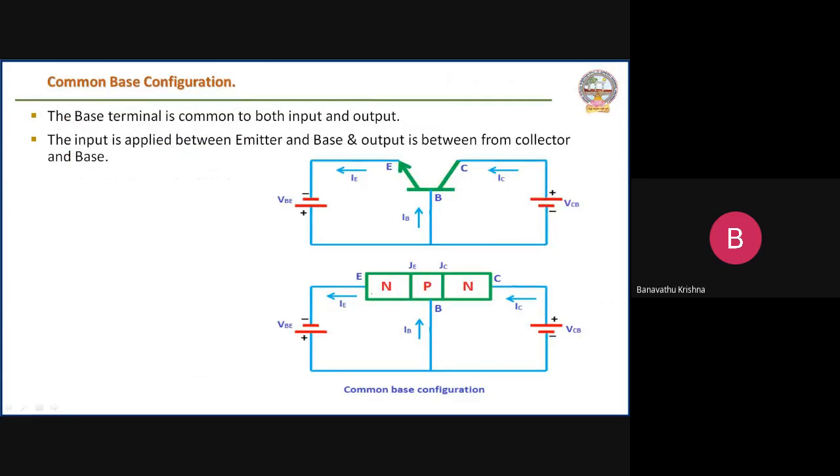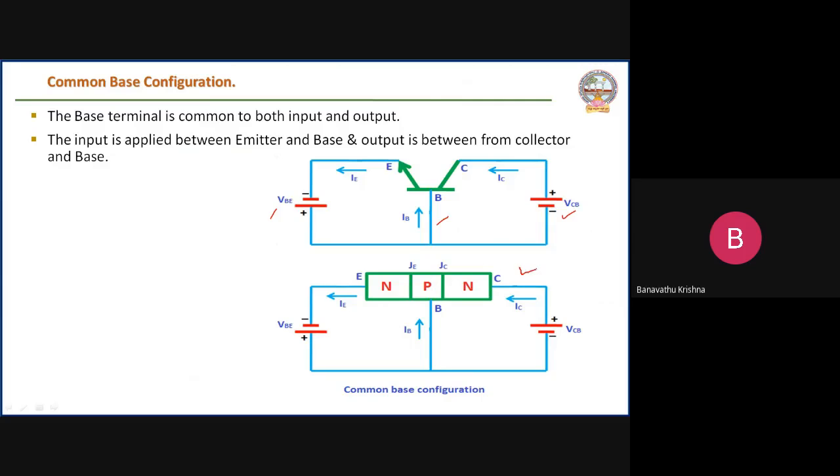So this is the basic circuit diagram of common base configuration of bipolar junction transistor. Here the base terminal is common to both the input side as well as the output side. That's why we say it is a common base configuration.